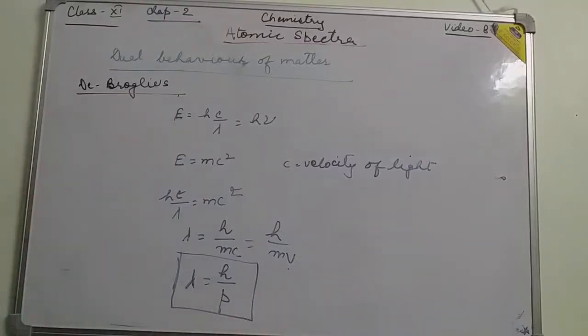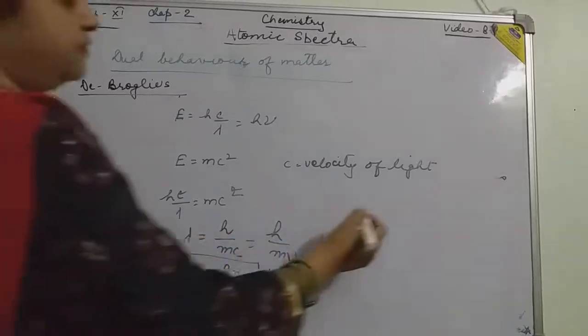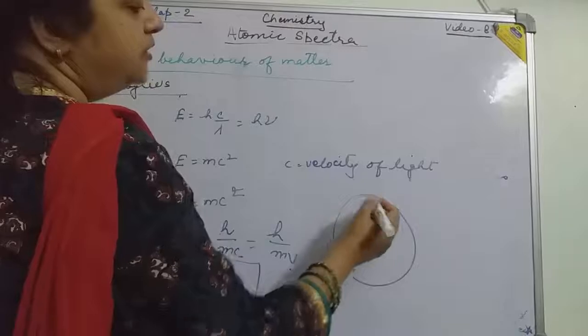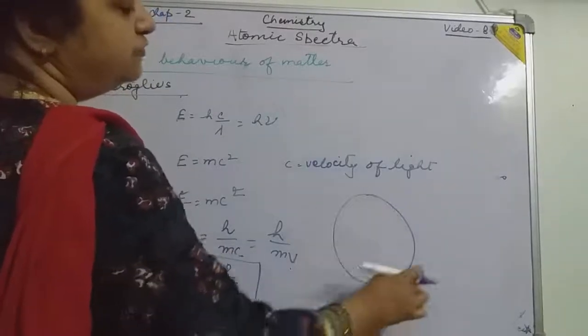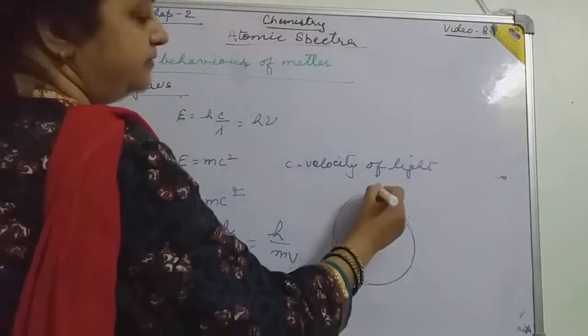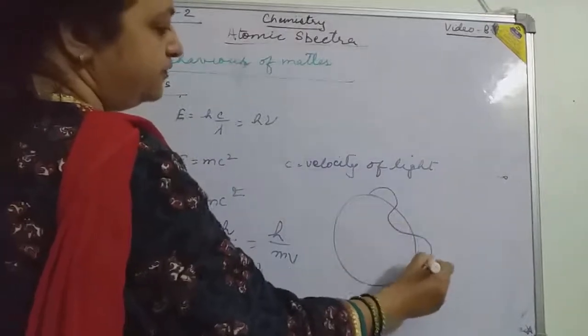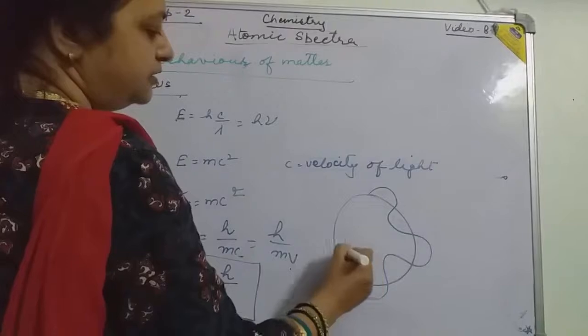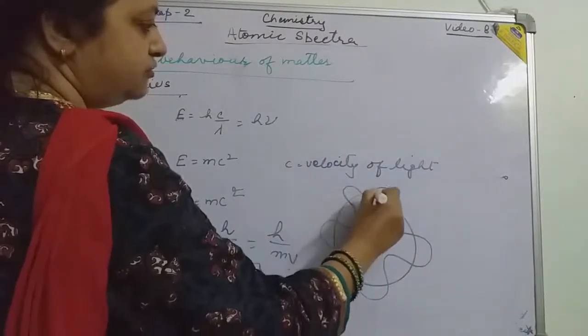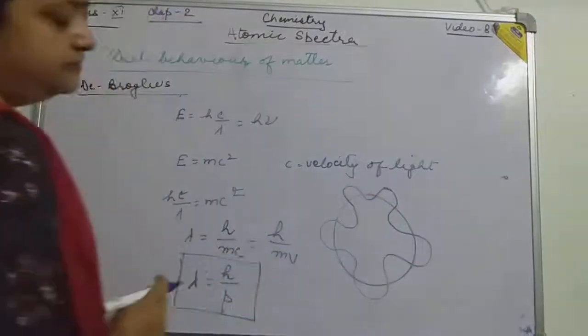Next is Heisenberg uncertainty principle. Before going to that, we can conclude that if electrons move in circular paths, and if it has wave-like motion, the wave formed by these electrons must be like this.